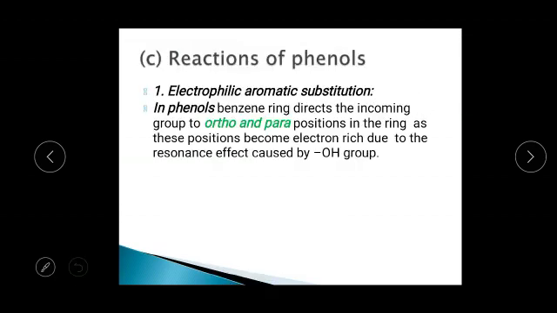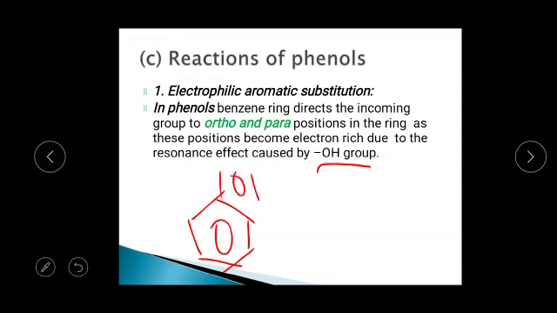Then let's check the reactions of phenols. Phenols undergo electrophilic aromatic substitution reactions, which we have already studied. In phenols, the benzene ring directs the incoming group to the ortho and para positions, since the ring already has an OH group.